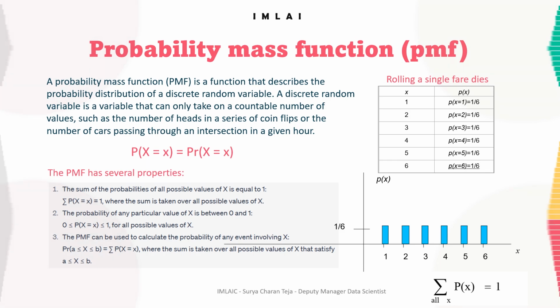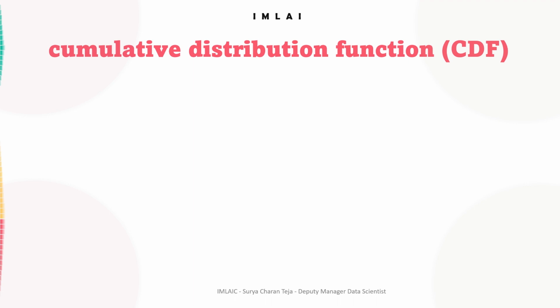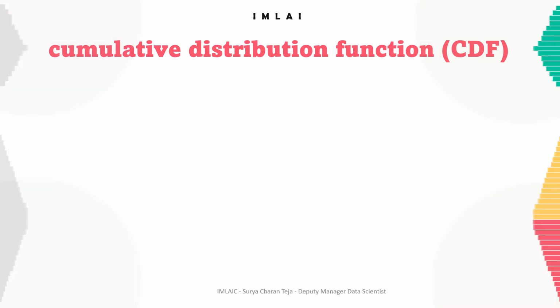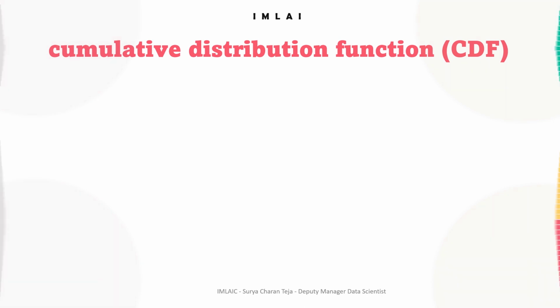Now it's time to deep dive into the CDF, Cumulative Distribution Function. In probability theory and statistics, the cumulative distribution function is a function that describes the probability distribution of a random variable.